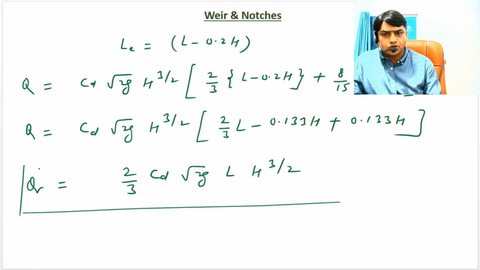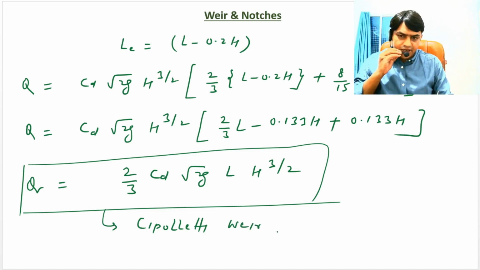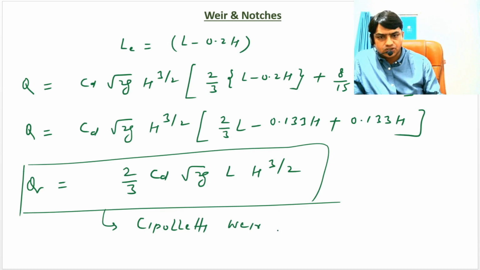So this is the expression of flow or discharge over the Cipolletti weir. That will be exactly the same as for the rectangular notch.